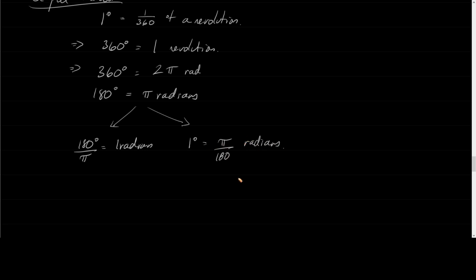All right. These are our conversion factors. If we want to go from radians to degrees, we use this. So from radians to degrees, this is what we use. If we want to go from degrees to radians, we're going to be using this conversion factor.